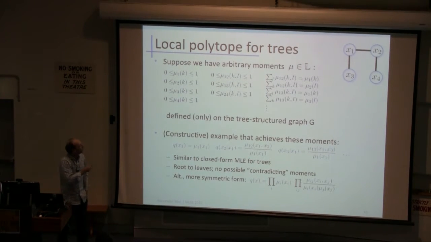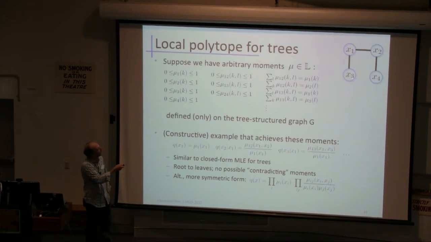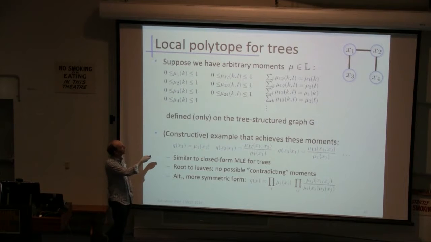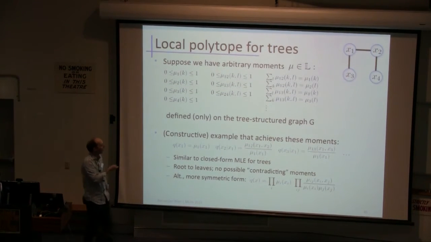And effectively what's going on is that I'm building outward along the edges of this tree, and because no moments have been specified off of this tree, I won't find any contradicting settings. So once I've set X1 to X3 and X1 to X2, I don't have a specification of what the marginal probability of X2 and X3 together is.